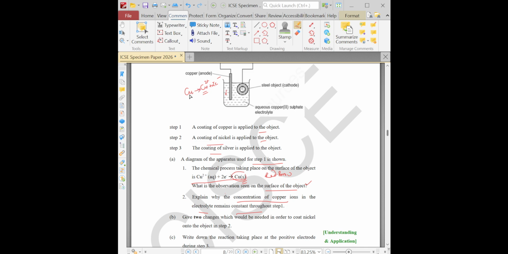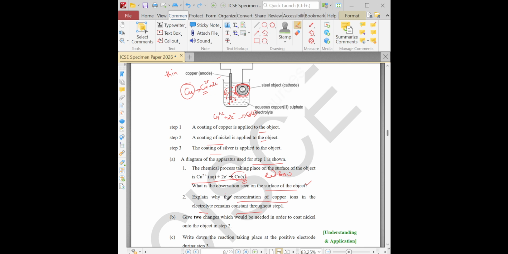This anode made up of copper will become thin after some time, because gradually copper is changing into copper ions. Now these copper ions will accept 2 electrons and will get deposited in the form of solid copper metal. So there will be deposition of copper here.